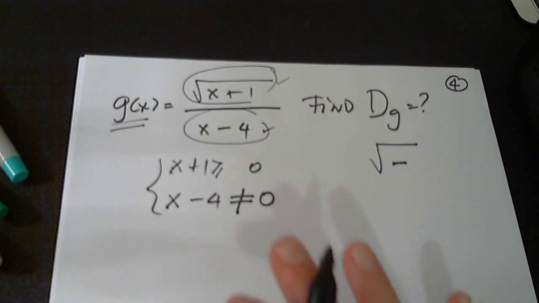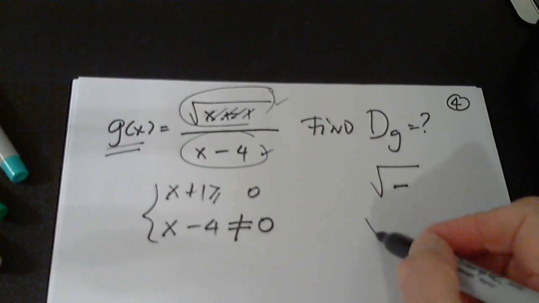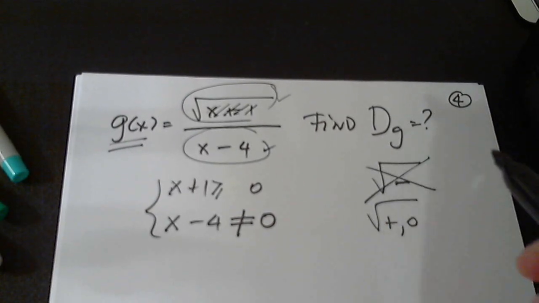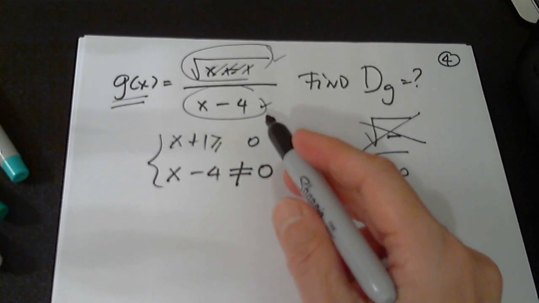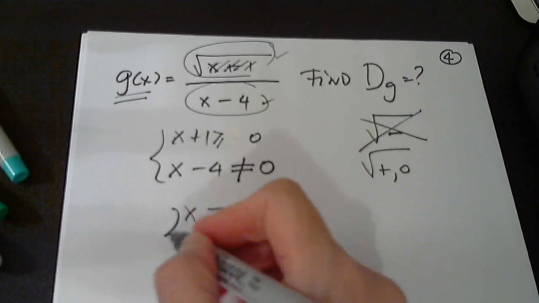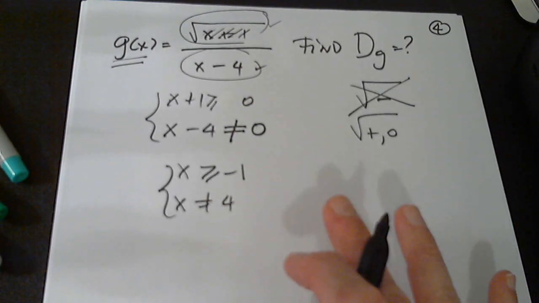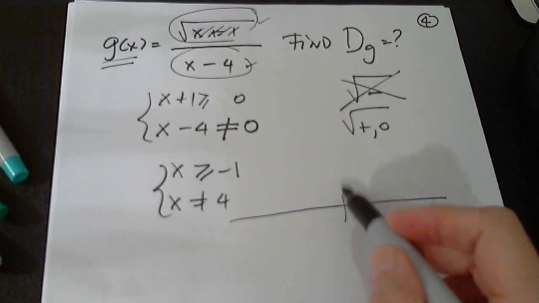So now we have both conditions. This quantity has to be positive or 0, not ever negative. And this quantity cannot be 0 because it's in the denominator. Okay, now I'm solving the first one. And now I'm solving the second one. If it's easier for you to see what's going on here, that's fine. Let's draw it.